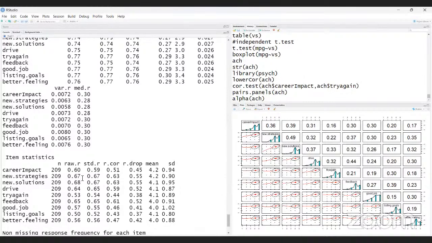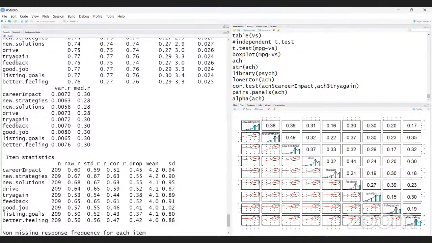Yes, sir. Sir, what do the other columns mean, these std.r or r.cor columns? That is the standard error. For interpretation, we will see this one, raw r. We can use this one, raw r.